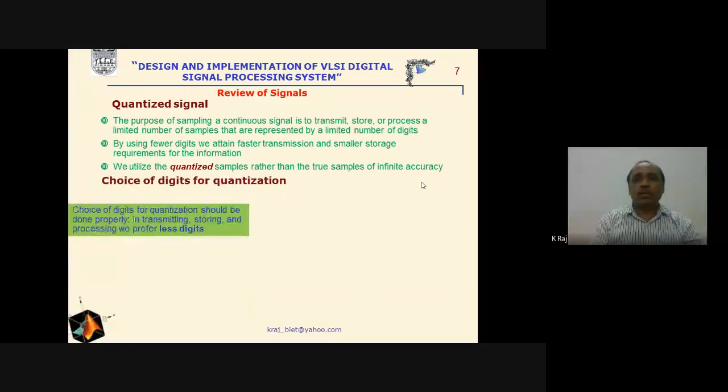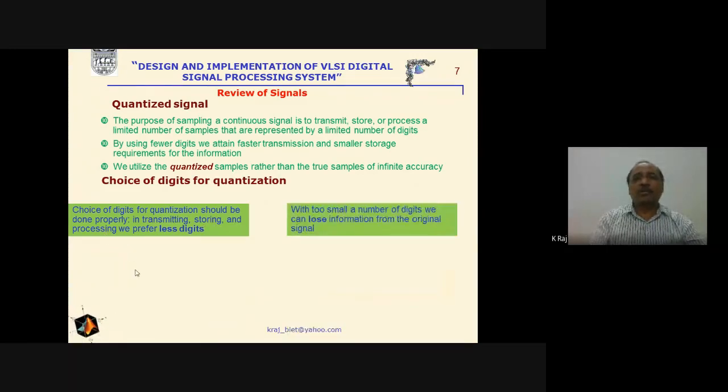But how will the choice of the digits for the quantization be selected? The choice of the digits for quantization should be done properly. In transmitting, storing, and processing, we prefer a smaller number of digits, because the higher the number of digits, the poorer will be the speed of transmitting, storing, as well as processing.